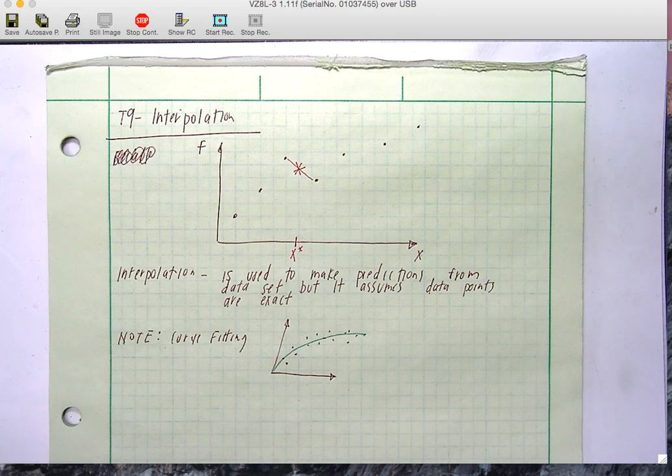So the most frequent use of this, at least in your coursework, is in thermodynamics. You'll have to use interpolation for almost every single problem that you do in thermodynamics because thermo uses tables. So if you want to know what the density is at a particular temperature, you have to go look it up in a table, but the exact temperature is never there in the table, and so you're always interpolating between the two.